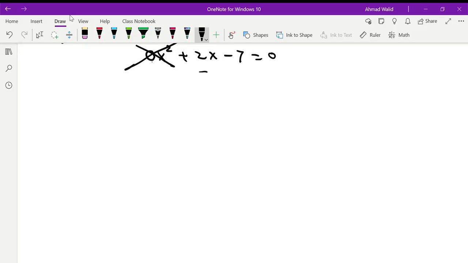In this book, our focus in this section is on two ways to solve the quadratic equation: completing a square and using formula. But in this lecture, I will cover also for you the factoring, correct?